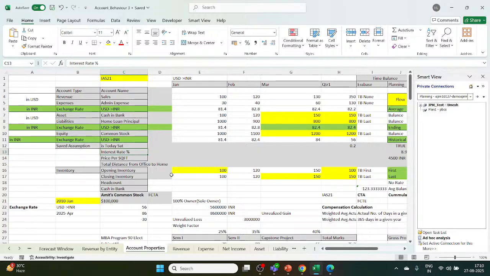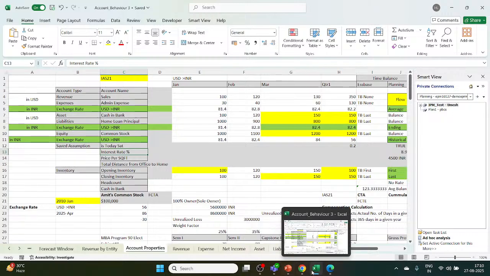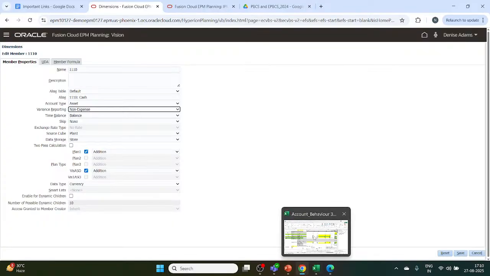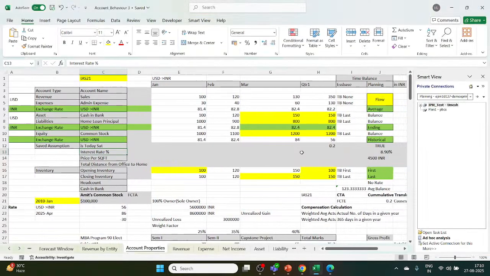So after the account type, we will move to our variance reporting, which we have discussed yesterday, but now we will revise this thing. So the variance we can see here.